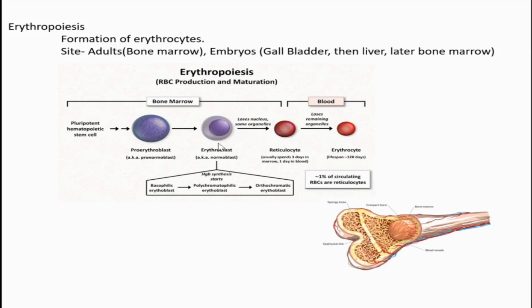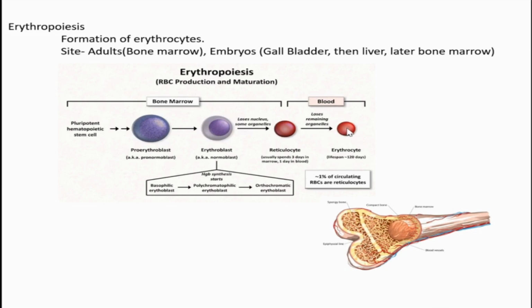So synthesis of hemoglobin starts. When its synthesis finishes, the nucleus is discarded and hemoglobin is included, and the RBC gains that reddish color, and still it is inside the bone marrow itself. When it is fully converted to RBC, only then it is released from the bone marrow to the circulating blood.